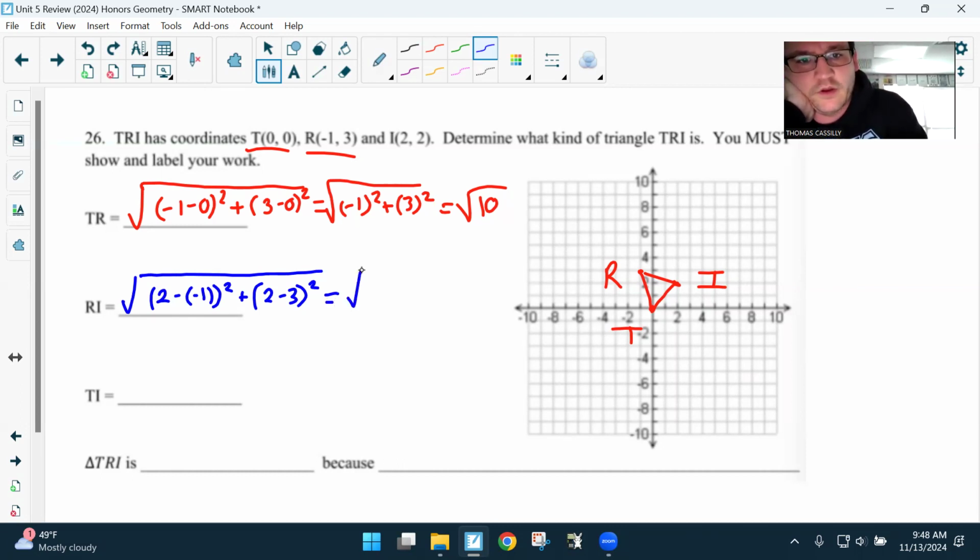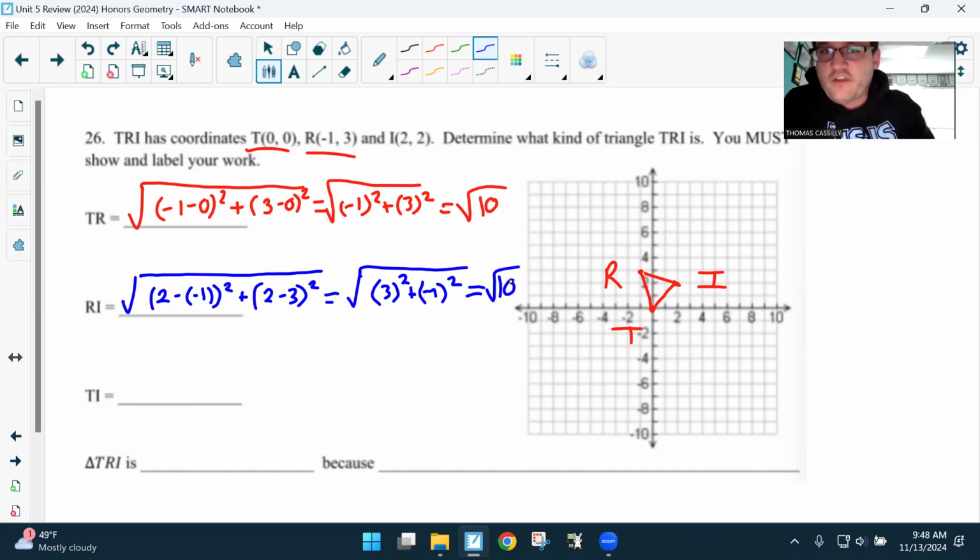So we're going to have square root of 3 squared plus -1 squared. That is also square root of 10. So just from those two things, we can confirm this is an isosceles triangle. Just those two alone let us know it's at least isosceles, but we need to check the third one.